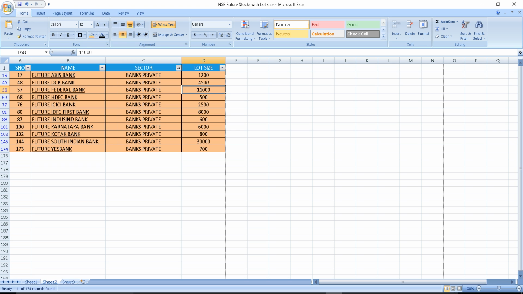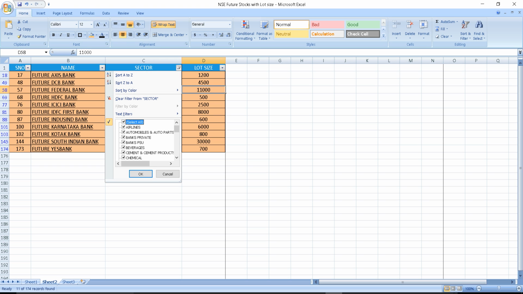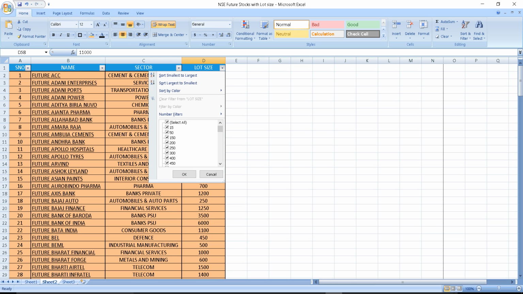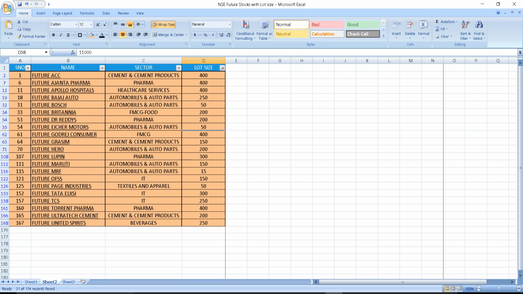You can categorize in this way: choose the minimum lot size, deselect all, and select lot sizes which are very small, let's say less than 500. I have selected that here. In total you will have 21 stocks with a lot size of less than 500.